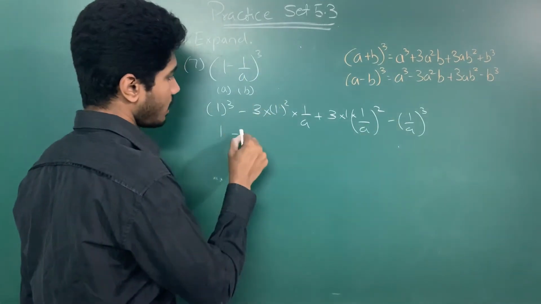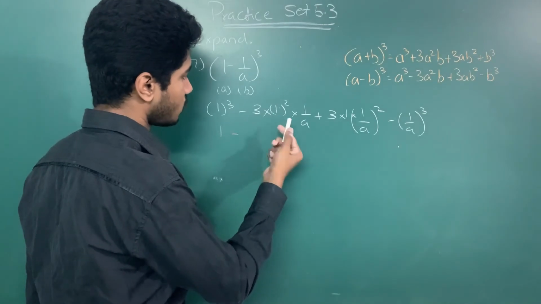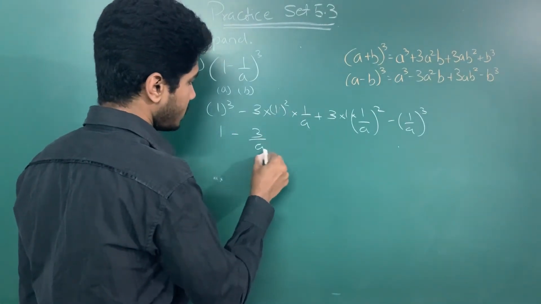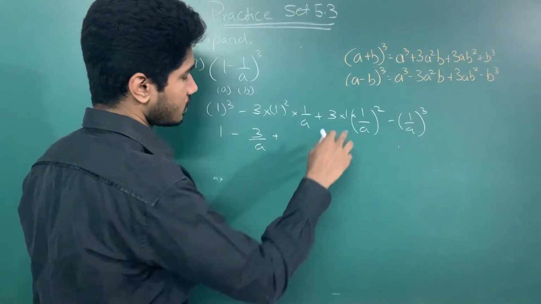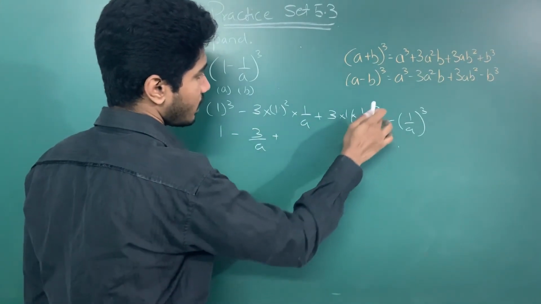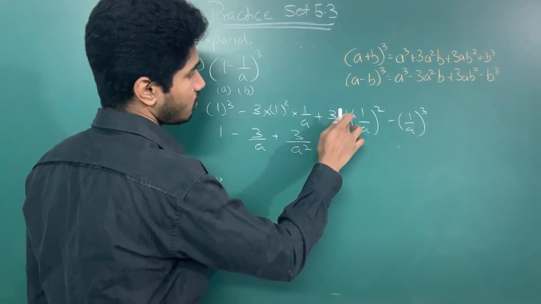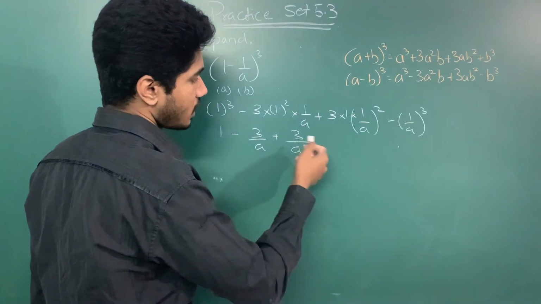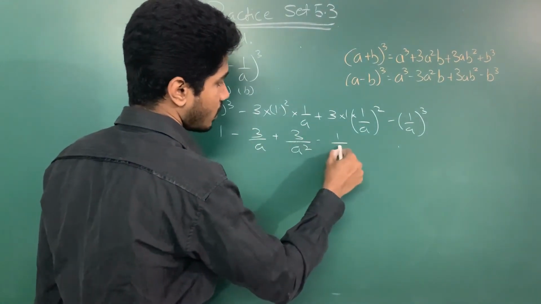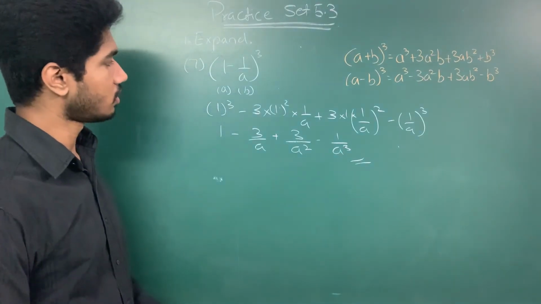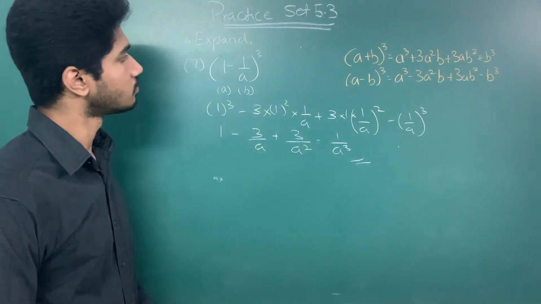So here 1 minus 3 into 1 square is 1 ka square is 1, 3 into 1 will be, you will get 3a plus this will, you will get as 1 upon a the whole square should be 3 upon a square. You multiply 3 into 1 into 1, so that gives you 3 and this will be 1 upon a cube. Therefore I think this should be your final answer.